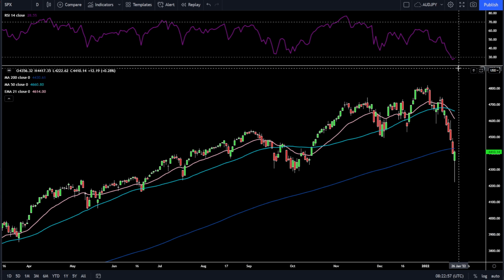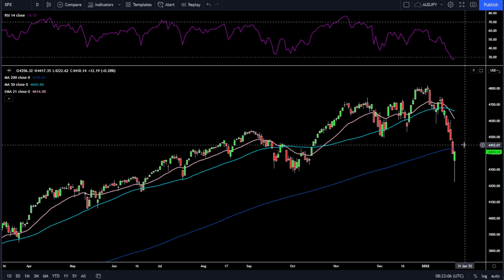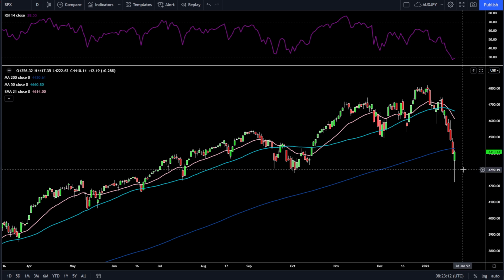The RSI, however, is looking to turn around out of oversold territory, which is quite promising. We'll see if there's further push through today and we can close above that 200-day simple moving average, which will be quite key for market participants. There is a bit of support there. If you just look at that dotted line at about 4243, and price is now above that.